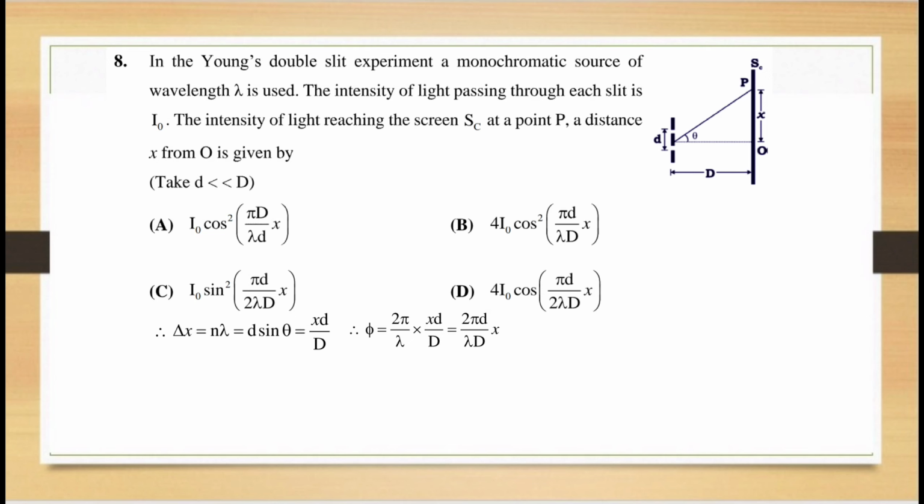Therefore intensity of light, that is I equals 4 I naught into cos square of phi by 2, which equals 4 I naught into cos square of pi d by lambda D into x. So option B is correct.